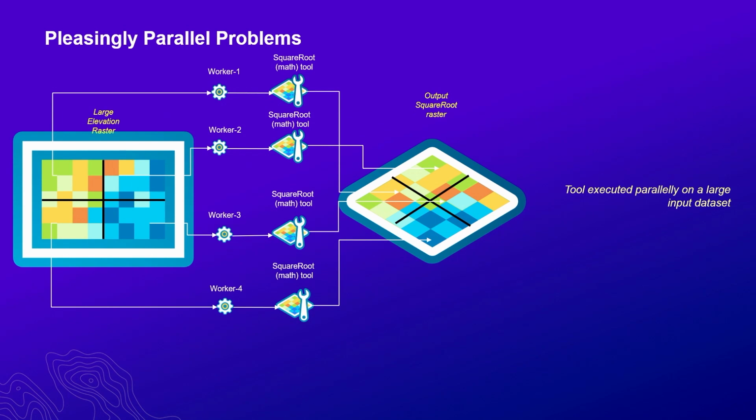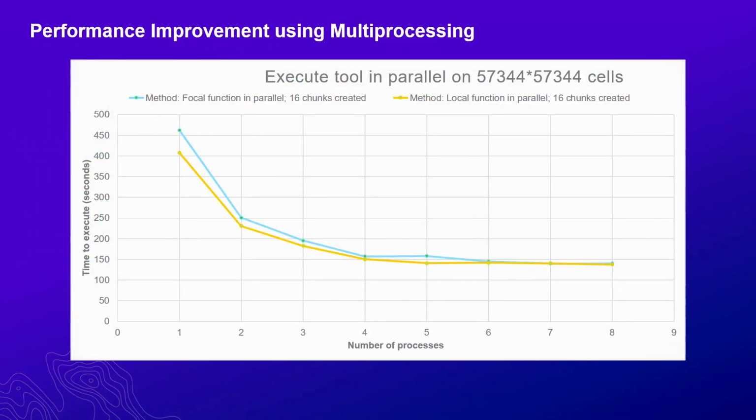When you do that, what do you get? You actually get some performance benefit. Take a look at this example where we have done this and got some performance benefit. If you look at the first point on the graph, based on one processor, it's pretty high, 450 seconds or so.